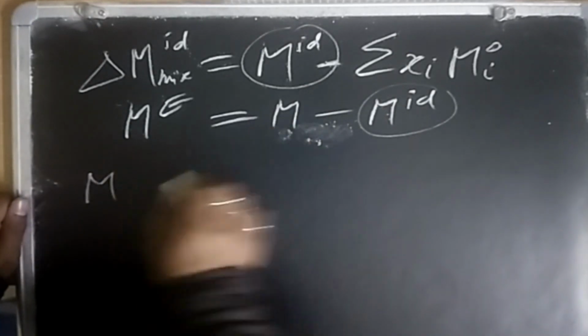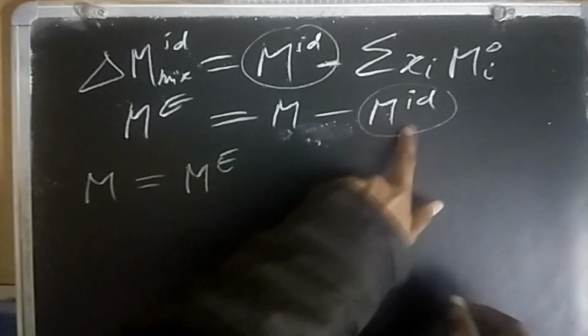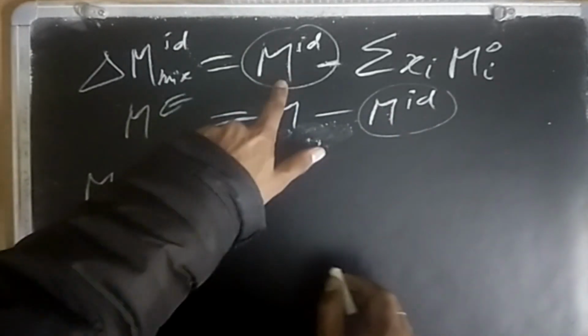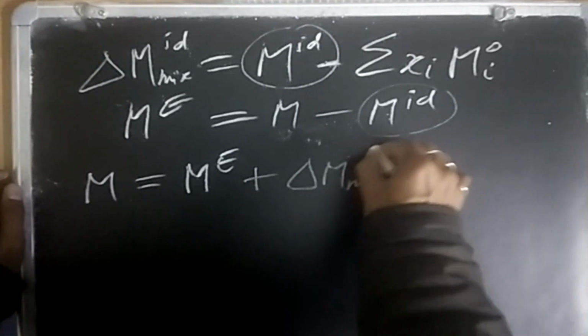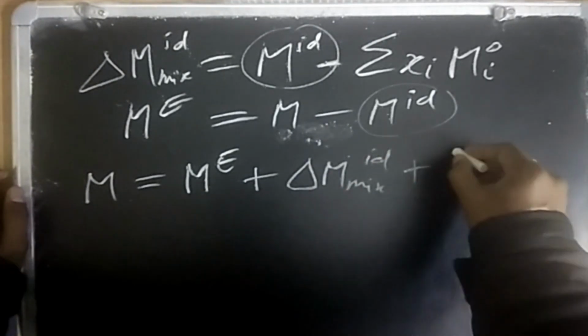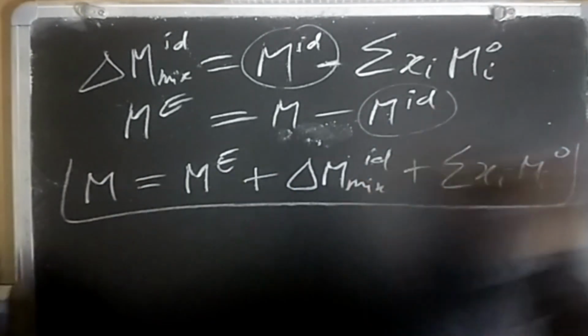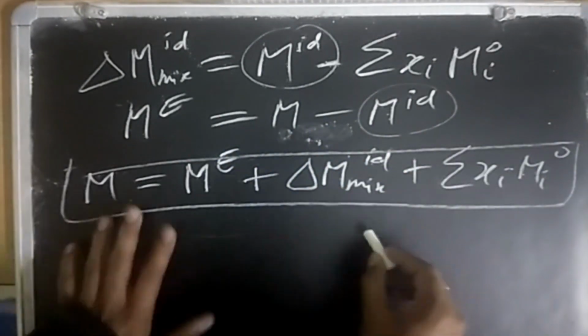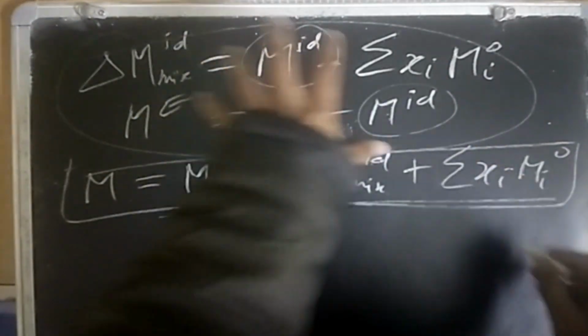So M real is equal to M excess plus M ideal, and M ideal is delta M mix ideal plus summation xi Mi naught. This equation is really important and contains both these equations. So in one equation we can actually get both these equations.